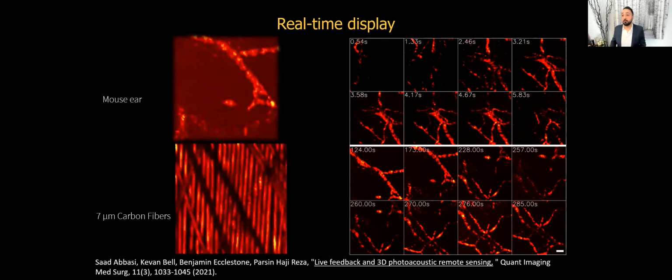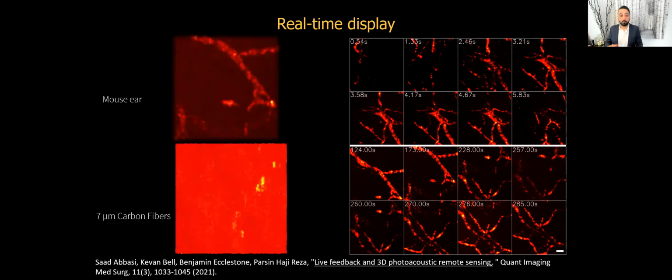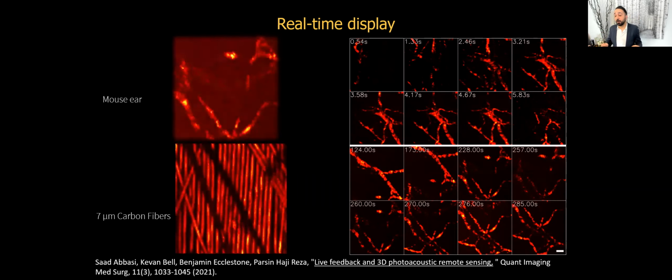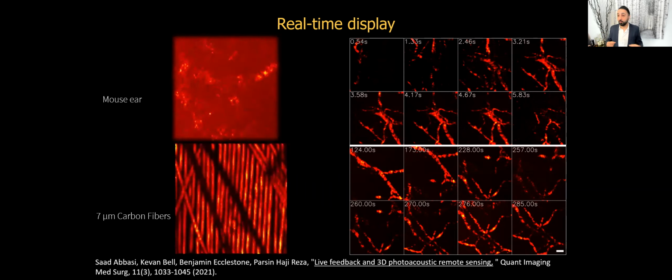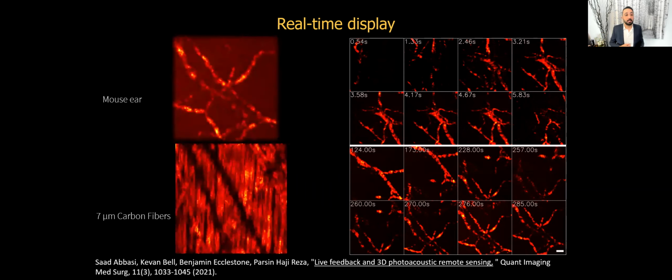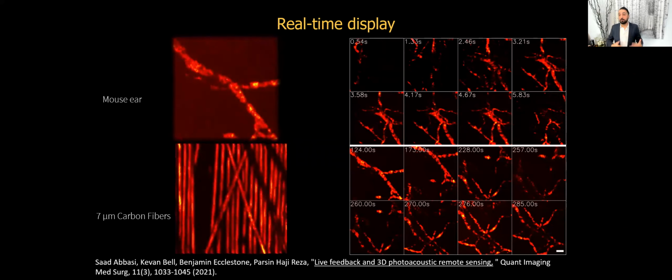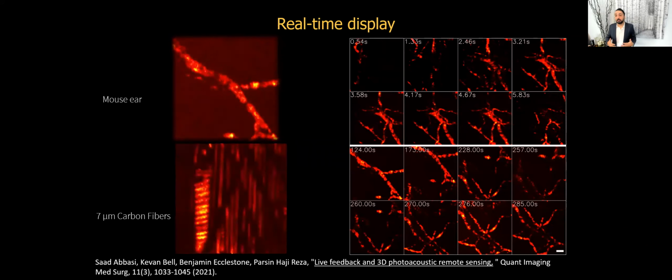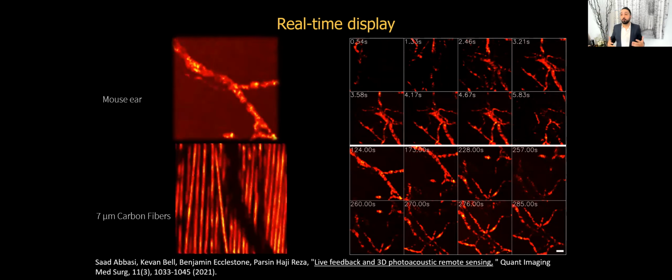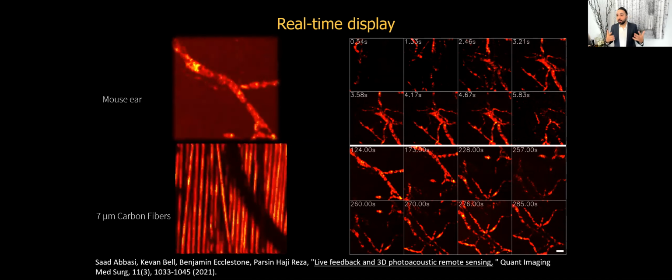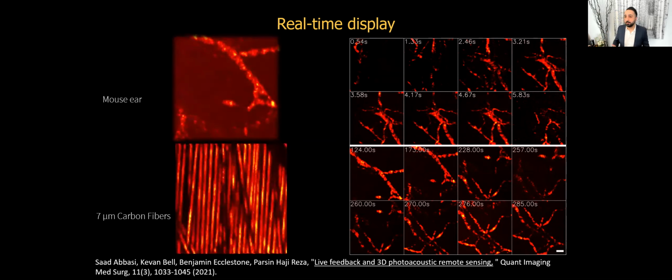Carbon fiber networks consist of several single carbon fibers, each around 6 to 7 micrometer in diameter. What you're seeing here, we're moving the target in X, Y, or Z direction, and we can easily track them in real time, which is very helpful when we take this to eye imaging or more complex structures.